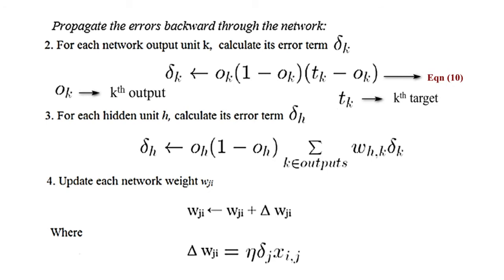Delta k is equal to output at kth neuron multiplied by 1 minus output at kth neuron multiplied by target at kth neuron minus output at kth neuron. This we call equation 10.